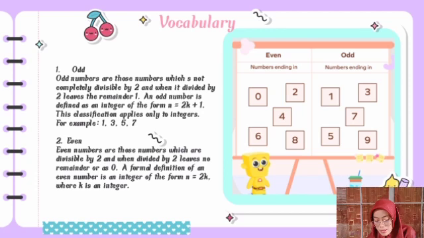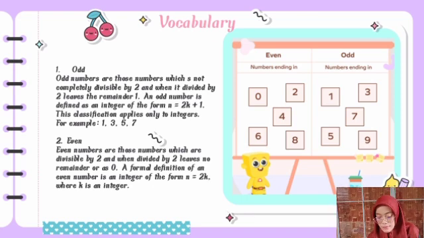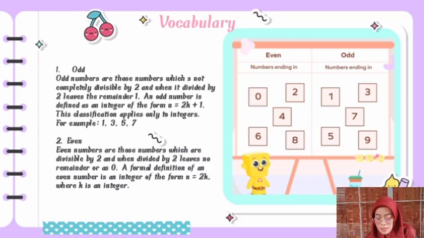An odd number is defined as an integer of the form n equals 2k plus 1. This classification applies only to integers. For example, 1, 3, 5, and 7.